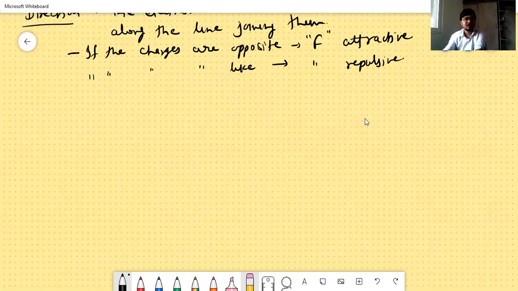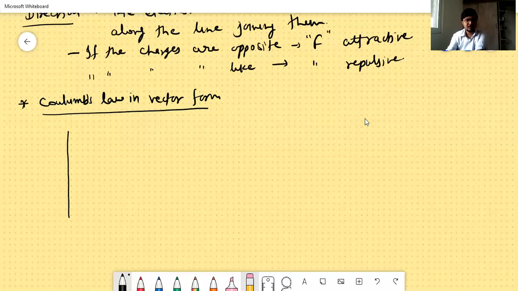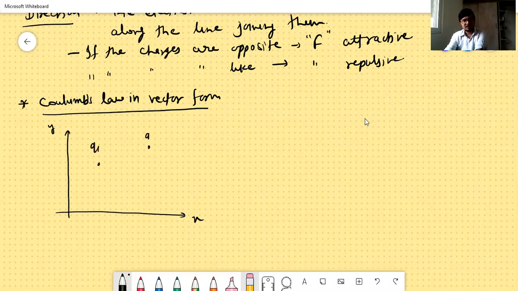Okay, now next thing, Coulomb's law in vector form. What if we have been given not the coordinates but the position vectors of charges, and we need to find the force? As we know, force is a vector quantity, so we can write it in vector form.